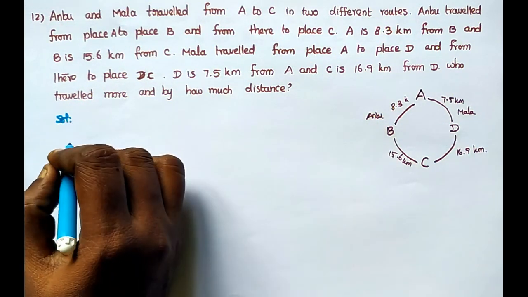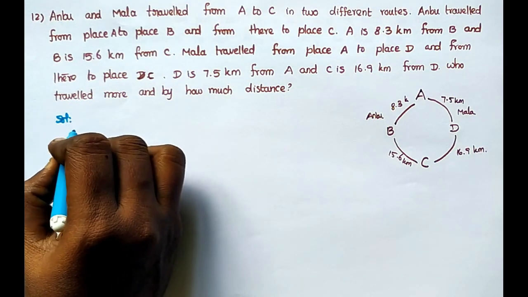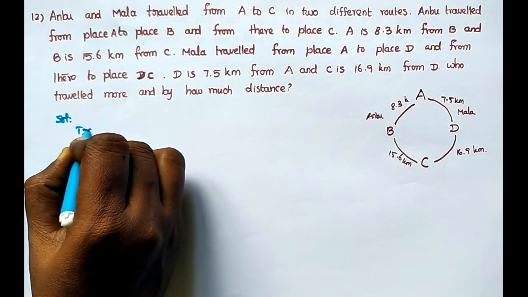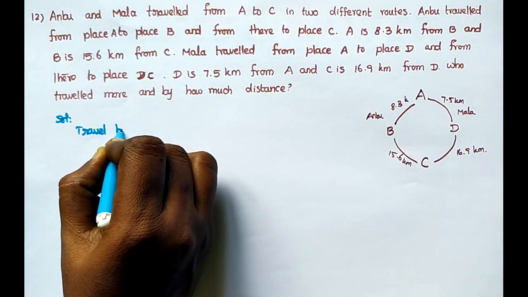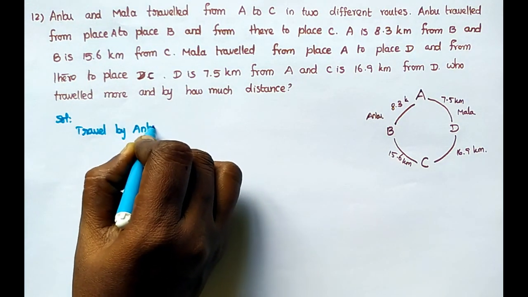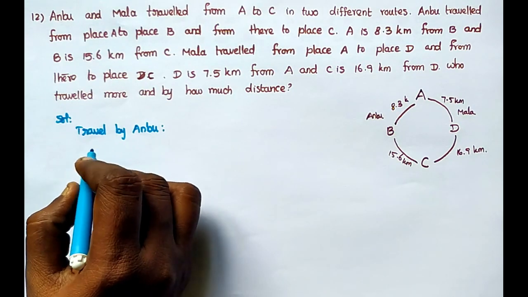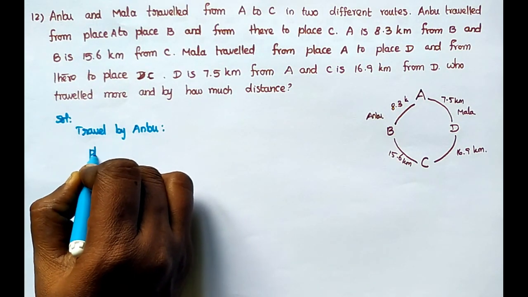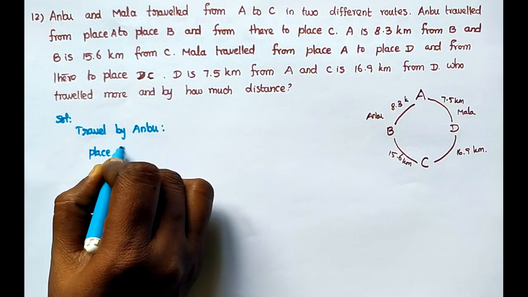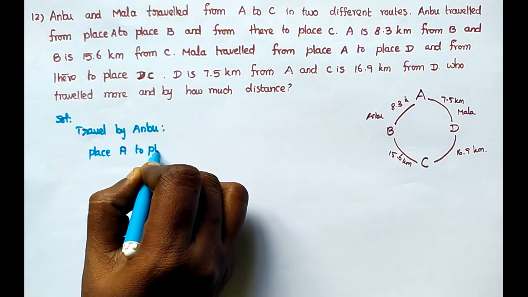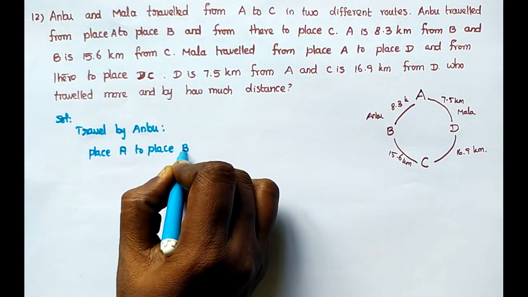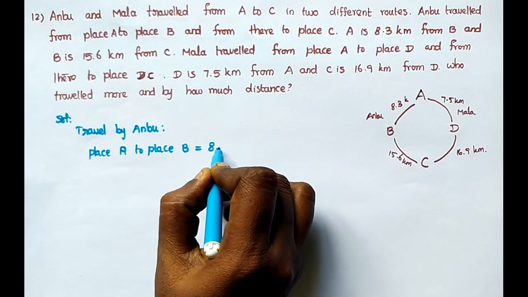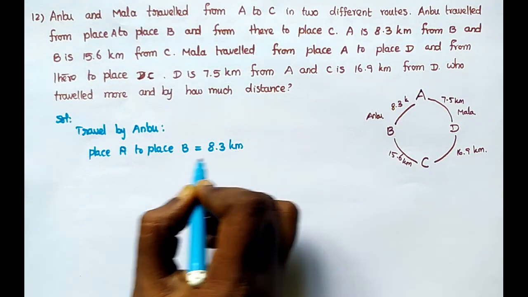Solution. Travel by Anbu. Place A to place B, how much distance? 8.3 km.